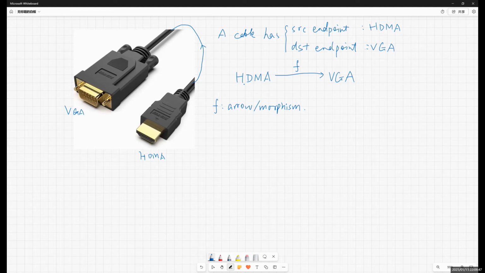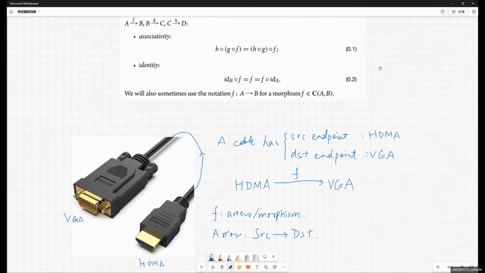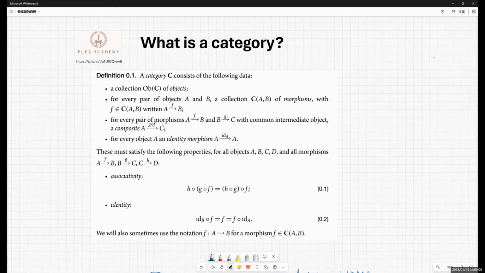So an arrow links from the source endpoint to the destination endpoint. Then we go back to the definition. Morphisms are essentially arrows.